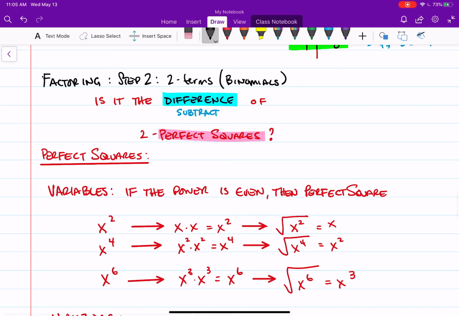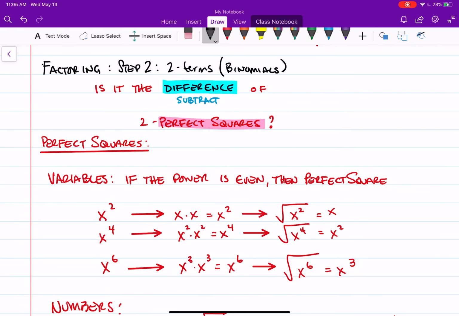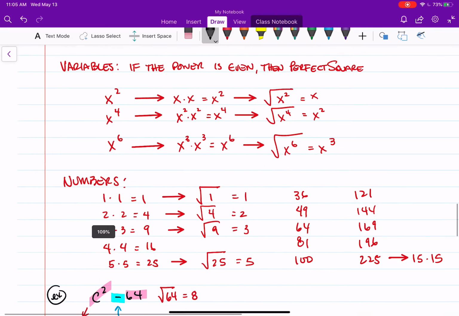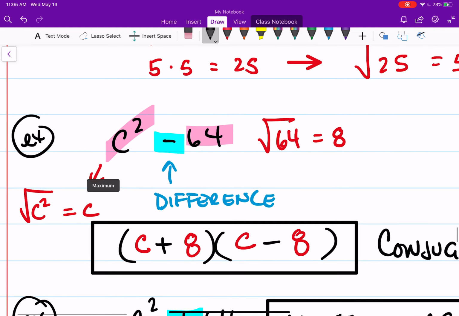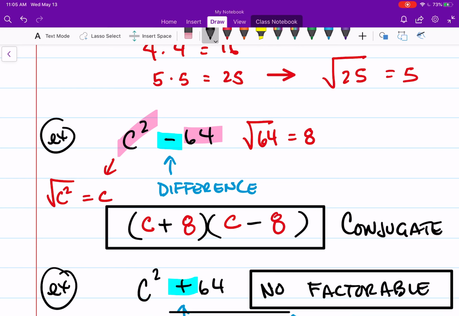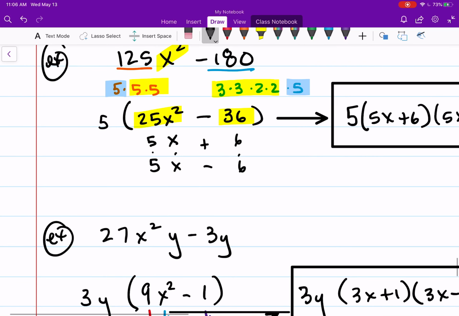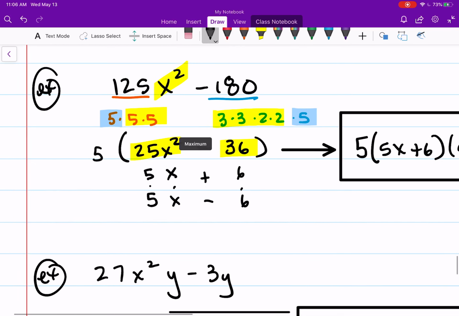So 4 terms, 3 terms, 2 terms. And this is just asking yourself, is it the difference of 2 perfect squares? So again, you need the subtraction, and you need the left side of the subtraction to be a perfect square, and the right side of the subtraction to be a perfect square, okay? Meaning whatever number of variables I might have on the left or the right, it all has to be perfect squares, especially after I pull out a GCF, okay?